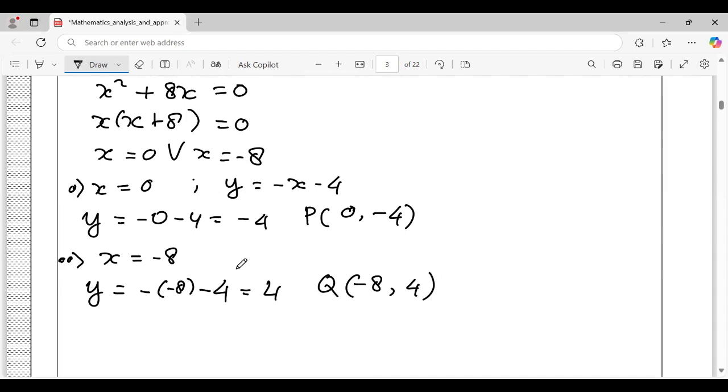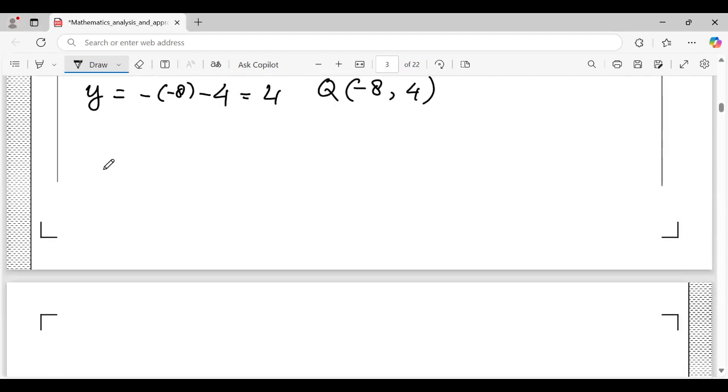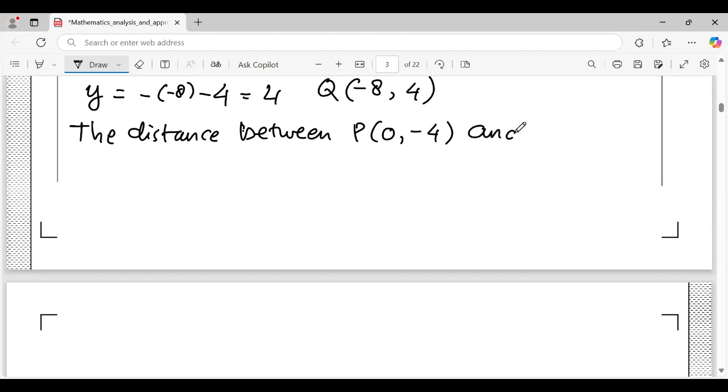Now the distance between P, 0 comma minus 4, and Q, minus 8 comma 4.